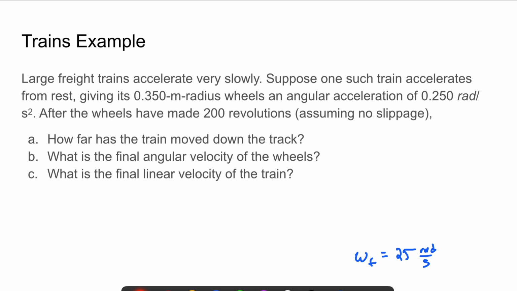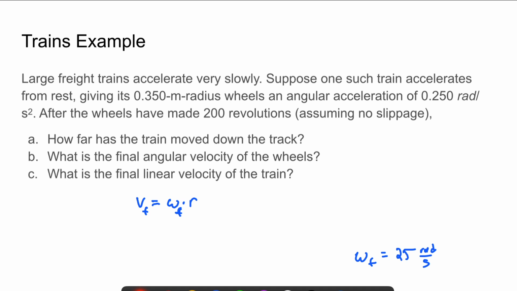And then finally, if we wanted to convert this angular velocity into a linear velocity, again, we know the relationship between linear velocity and angular velocity. It's just our angular velocity times the radius of the circle around which that object is going, and then we get our translational velocity. If we want to be specific for our units, we could label both of these as final.